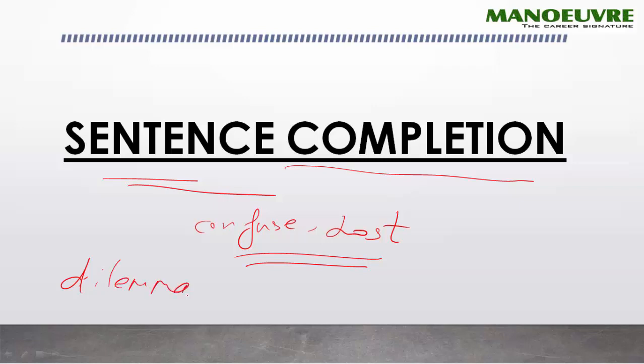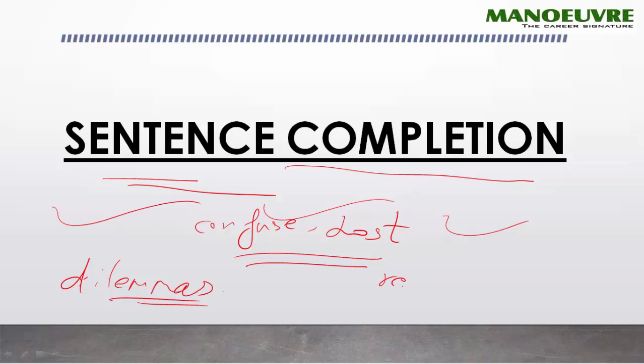In this way we can proceed towards making our sentence more meaningful and completely correct, so that sentence completion is never a task that scares us or makes us fumble, making us think twice as to what option we should select.